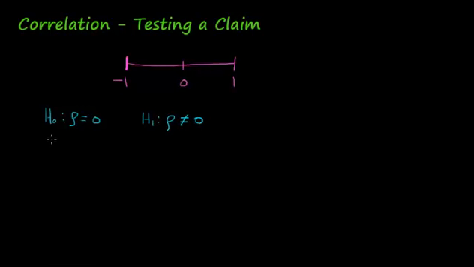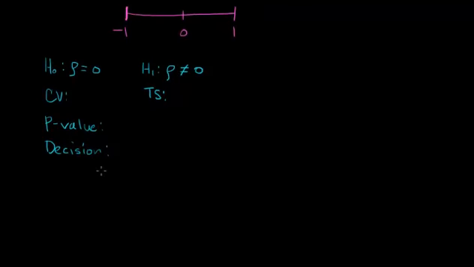And as we did before, we'll find a critical value, a test statistic, a p-value. We'll make a decision. We'll have a decision diagram, and it will look much like what I've drawn there, but I'm going to draw it again down here.